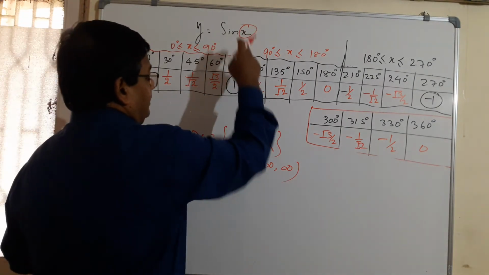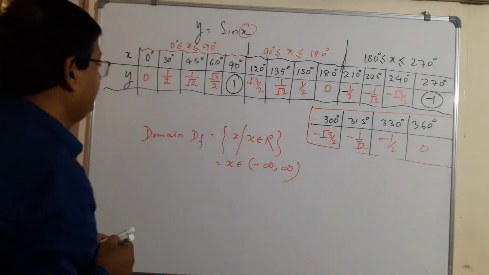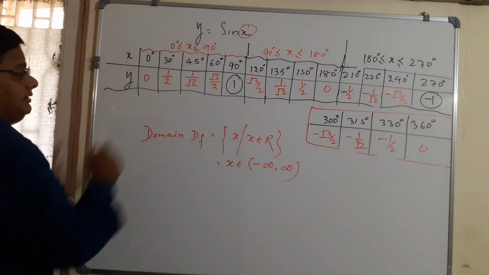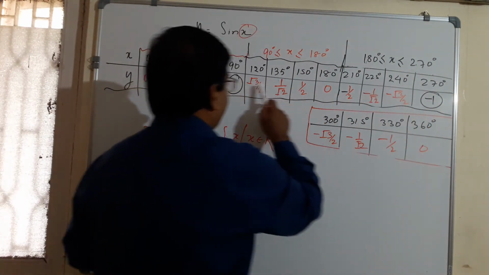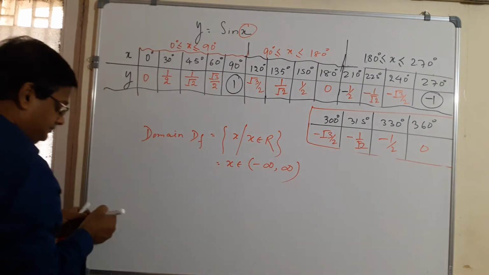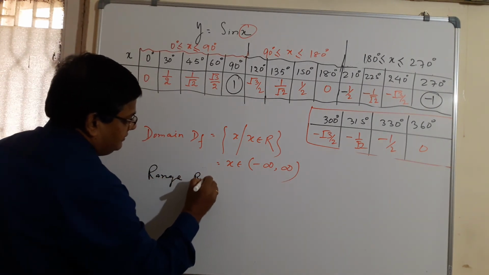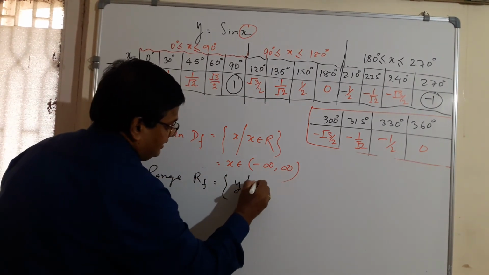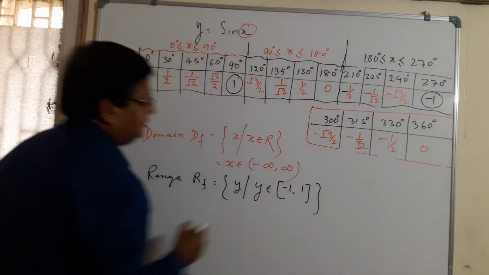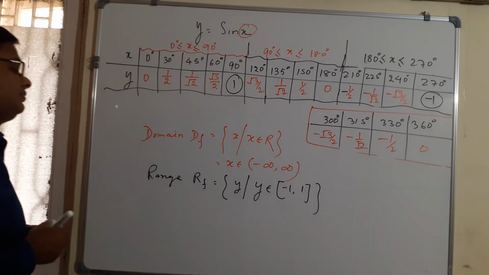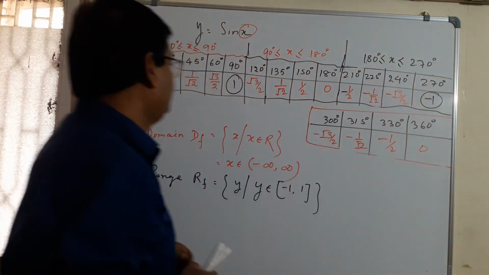But the value of y, see here, lies between minus 1 to 1. So range Rf is equal to y such that y belongs to the closed interval minus 1 to 1. It means the value of y lies between minus 1 to 1.